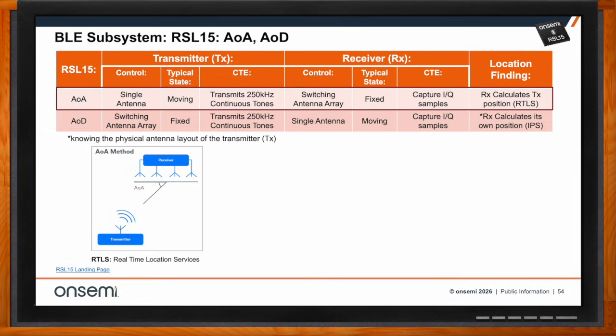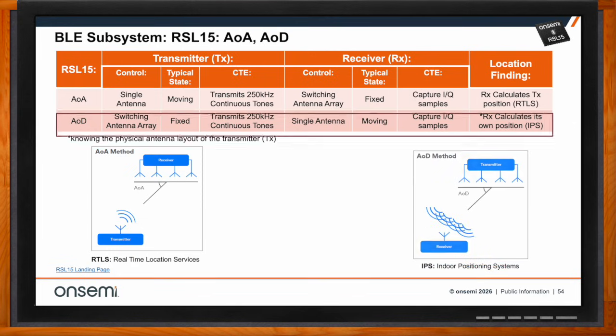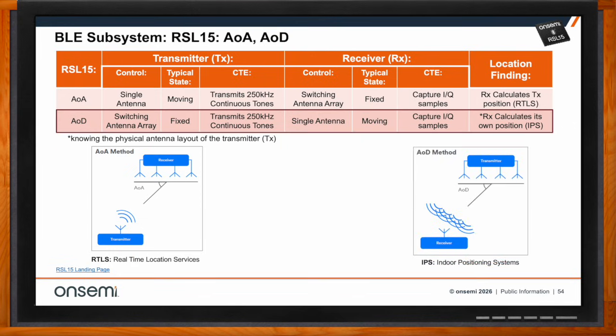And the receiver is a switching antenna array, typically fixed, where it captures the IQ samples and calculates the real-time locations of the device. In contrast, you can use AoD, which is really more applicable for indoor positioning systems, where the transmitter is a switching antenna array, typically fixed, generating the continuous tones, and the receiver is a single antenna, typically moving, and captures the IQ samples.